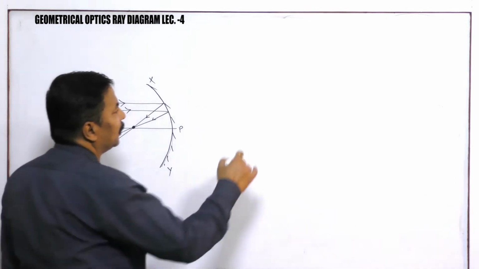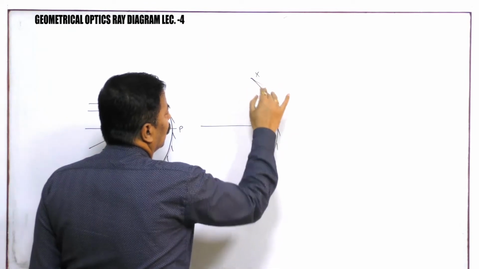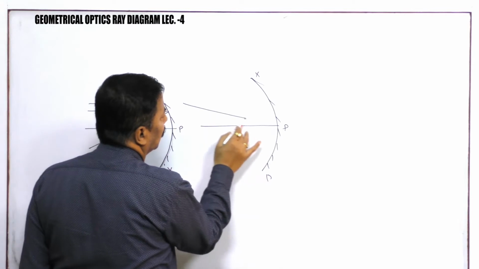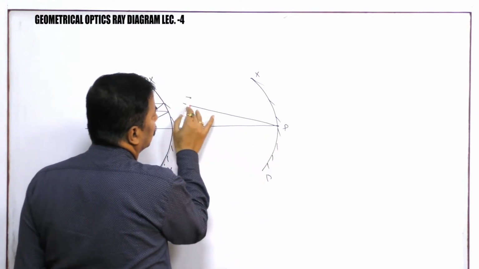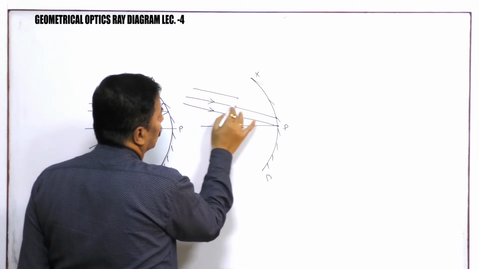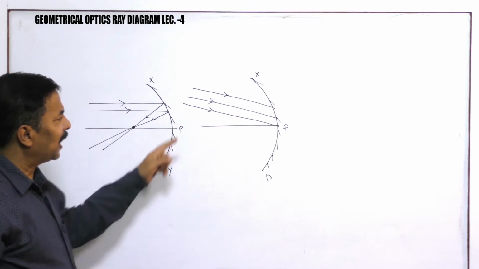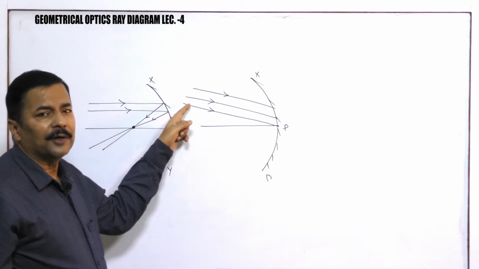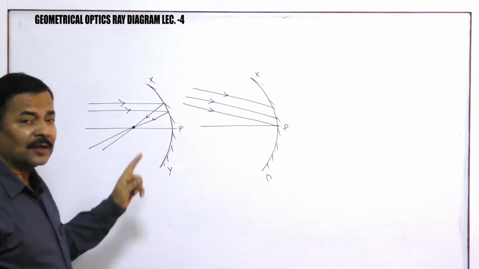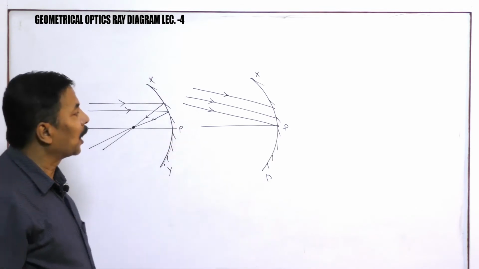For example, here you see, it is your principal axis. These are the rays, they are parallel, they are also coming from infinity, but they are not parallel to the principal axis. Such rays will meet in the focal plane.